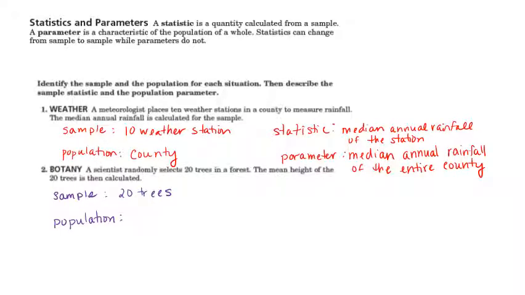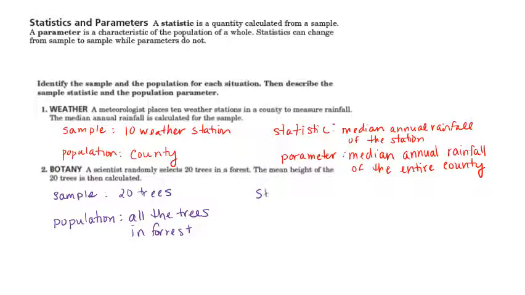The population is the whole forest, or all trees in the forest. Let's put that, because it wouldn't be the grass in the forest. All the trees in the forest. So even though he wants to know data for all the trees in the forest, he's just going to collect data on 20 random trees.